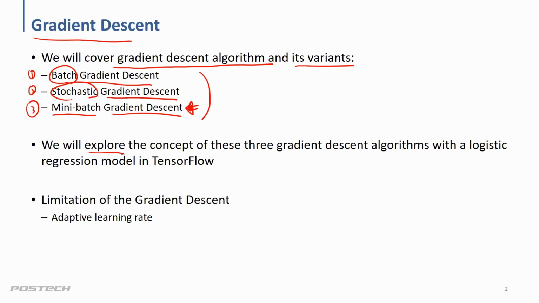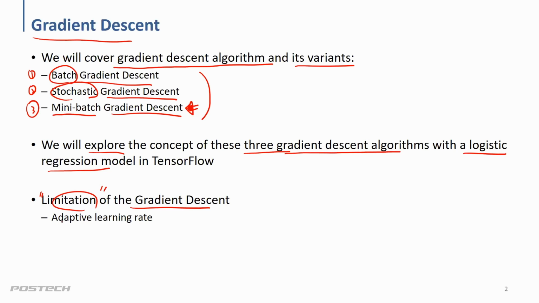I'm going to explore the concept of these three different gradient descent methods, using logistic regression models as examples to explain it. The last topic is the limitations of gradient descent, and I'm going to discuss what those limitations are.